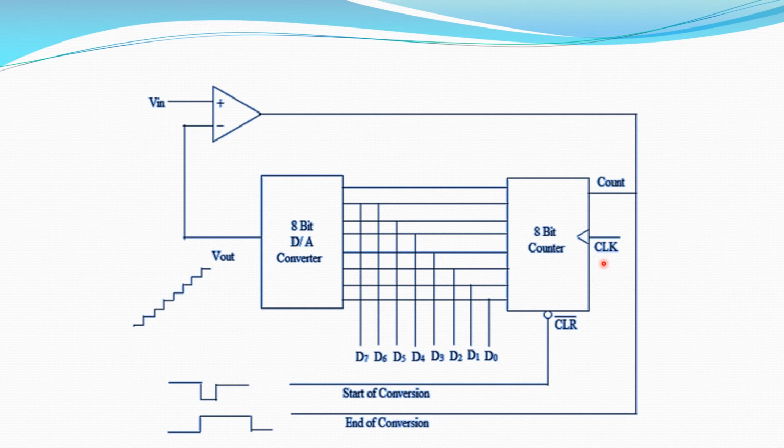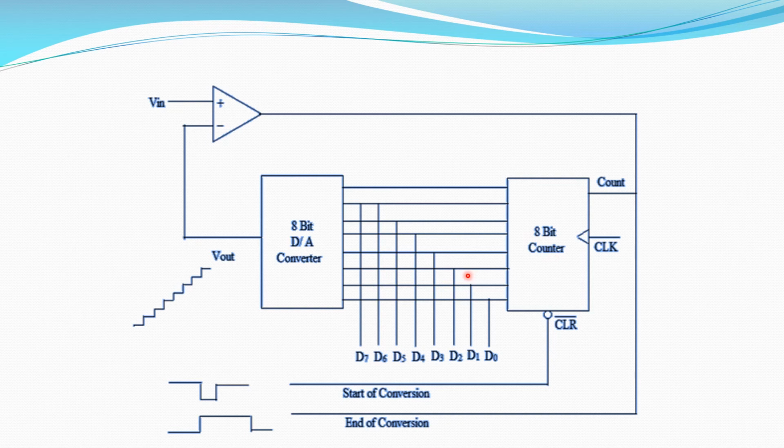When the third positive edge of the clock arrives, D1 and D0 are set to 1. In this way, when count is 1, each clock pulse arrives, 8-bit counter will set its output lines.